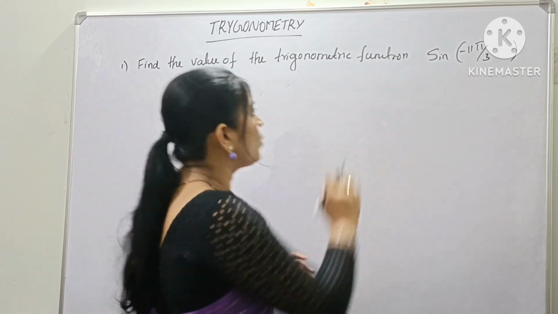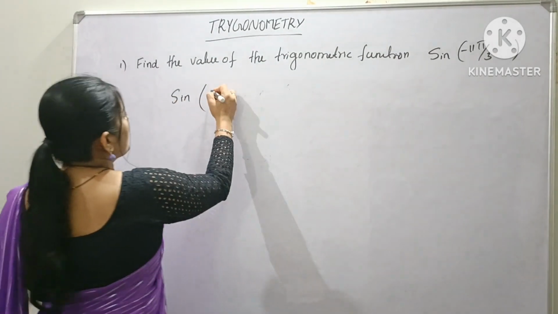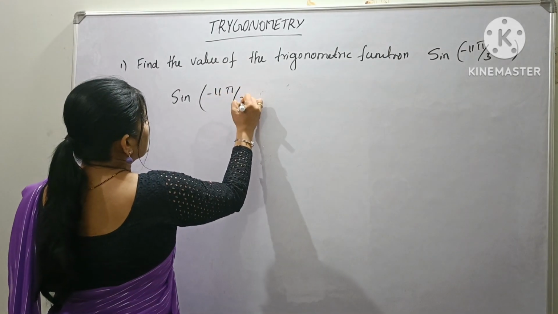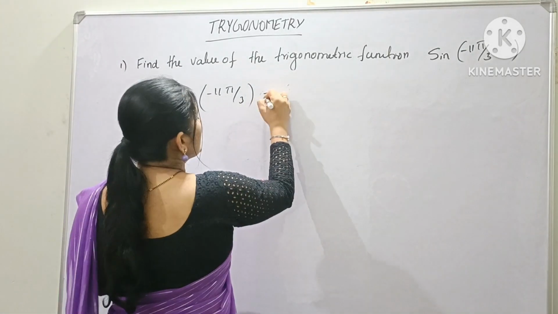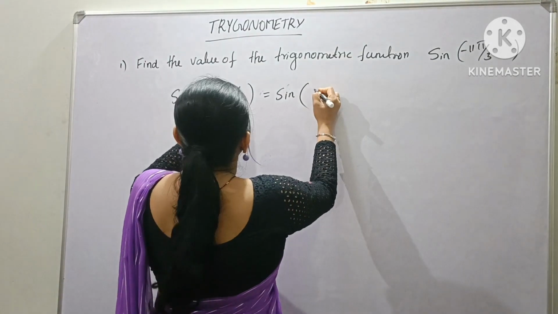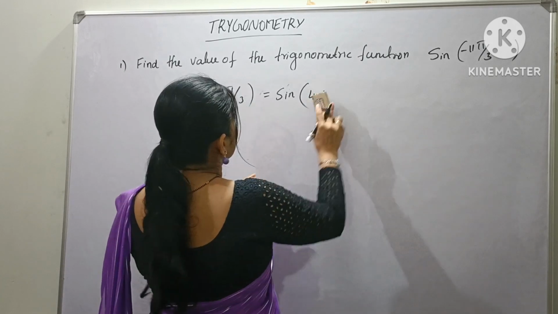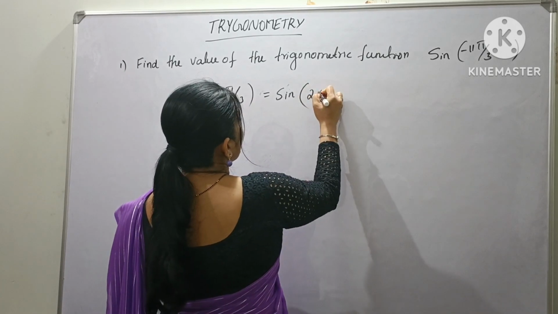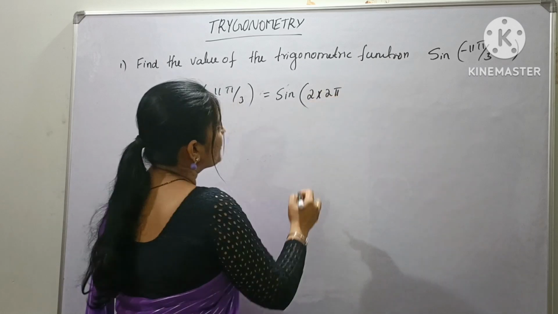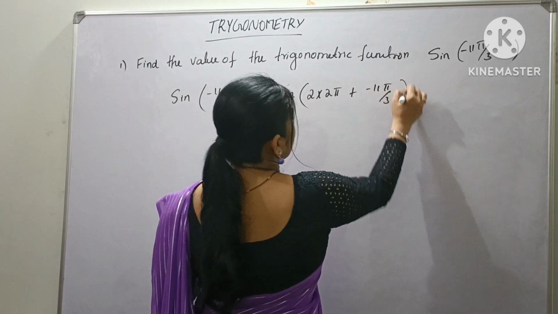Isn't it? So we can write sine minus 11 pi by 3 is equal to sine of, here 4 pi, 2 into 2 pi plus minus 11 pi by 3.